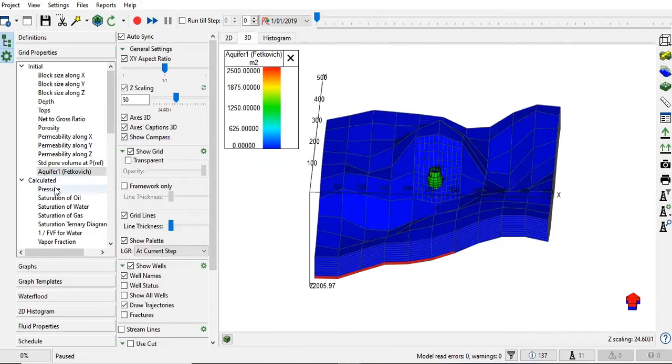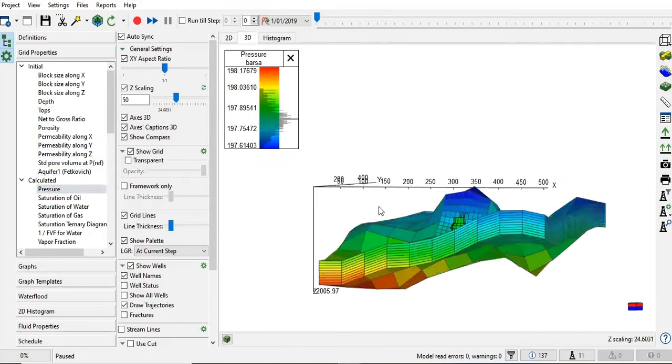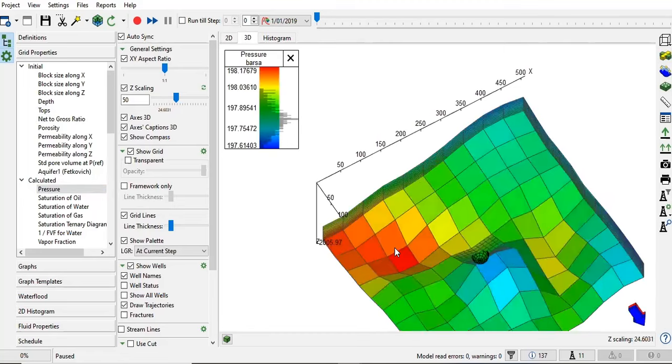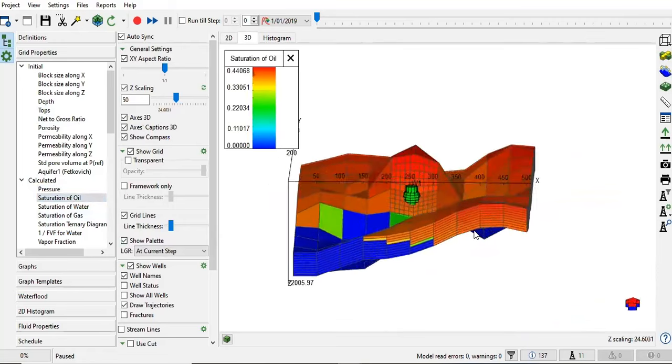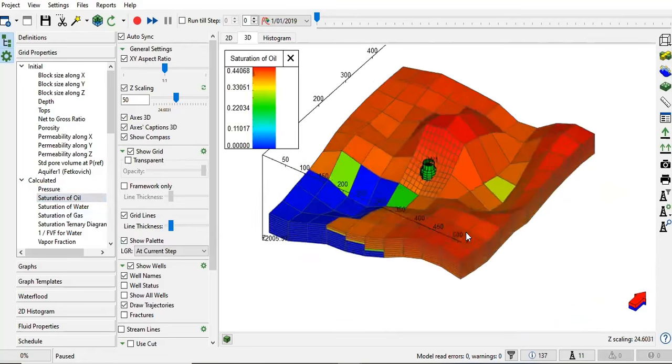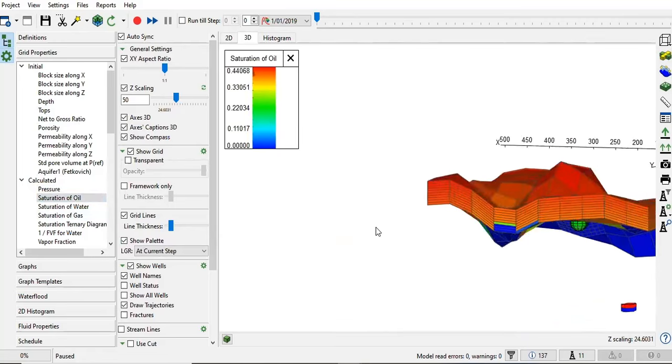And then again, the pressure. So that side that is connected to the aquifer will have, of course, the higher pressure. Saturation of oil, so we have a good saturation there, especially at the top of the reservoir.